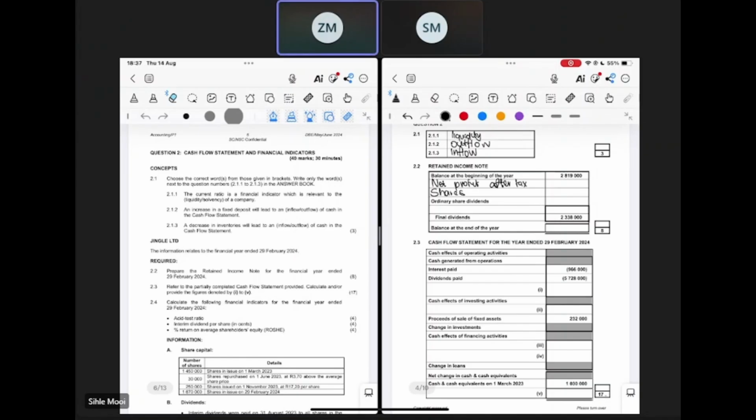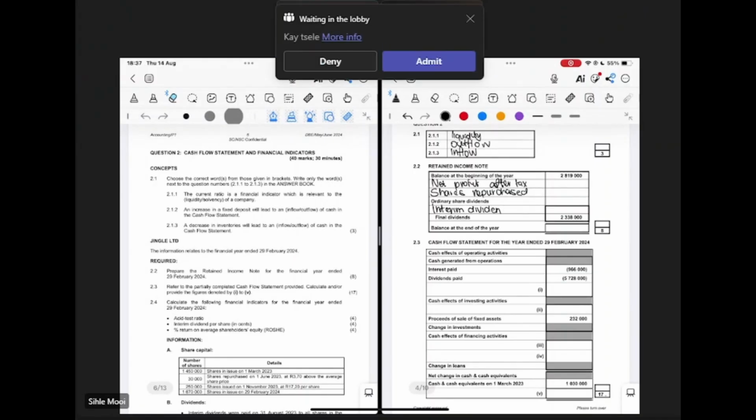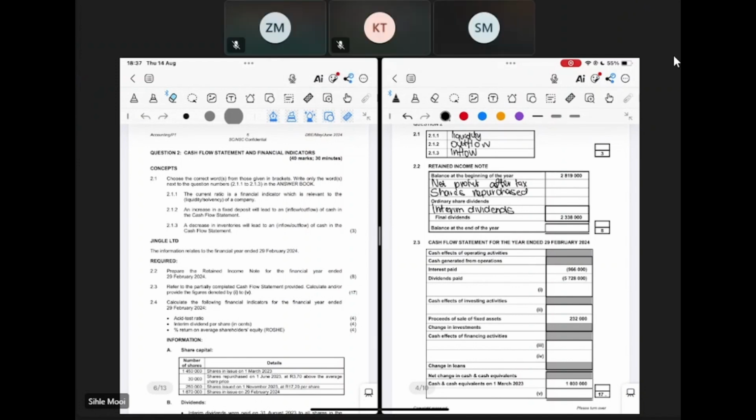And then under our ordinary shares, it would be interim dividend. Interim dividends is correct. Okay, so that's our format for a retained income note.